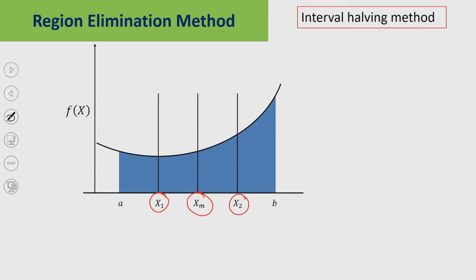So, basically you are dividing this region into 4 equal divisions, each 25%. You are dividing the length between a and b into 4 equal divisions, so each division will have 25%.